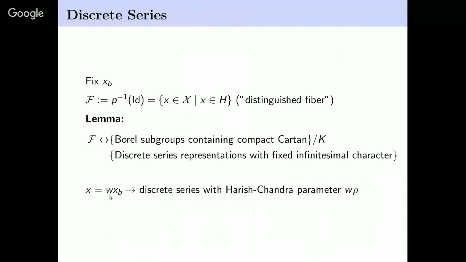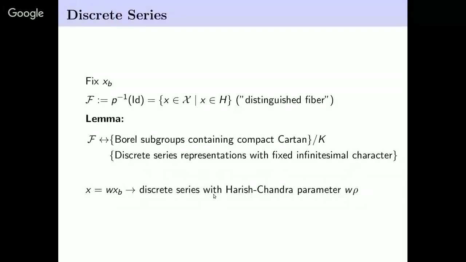And explicitly, if you have an element X, you can write it as W applied to the base element, and that's giving you the discrete series representation with Harish-Chandra parameter W rho, or whichever fixed infinitesimal character you're talking about.